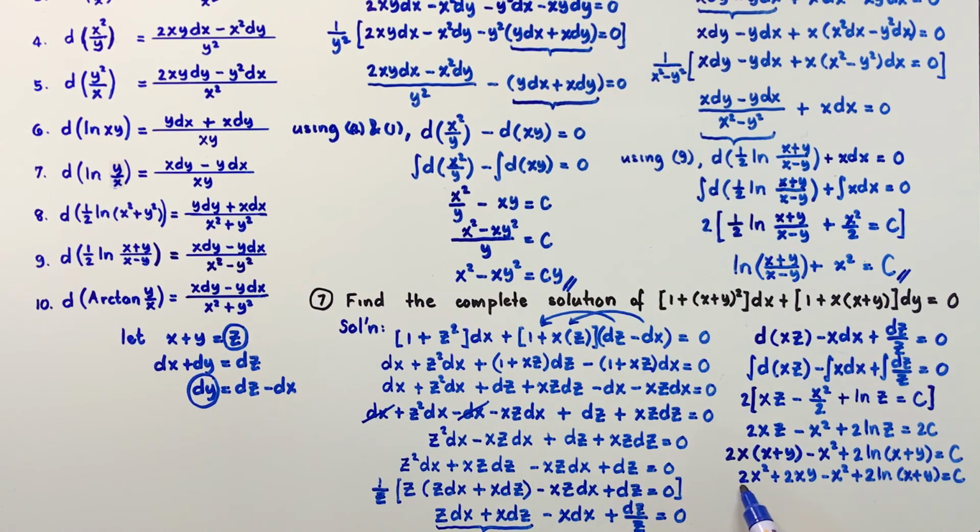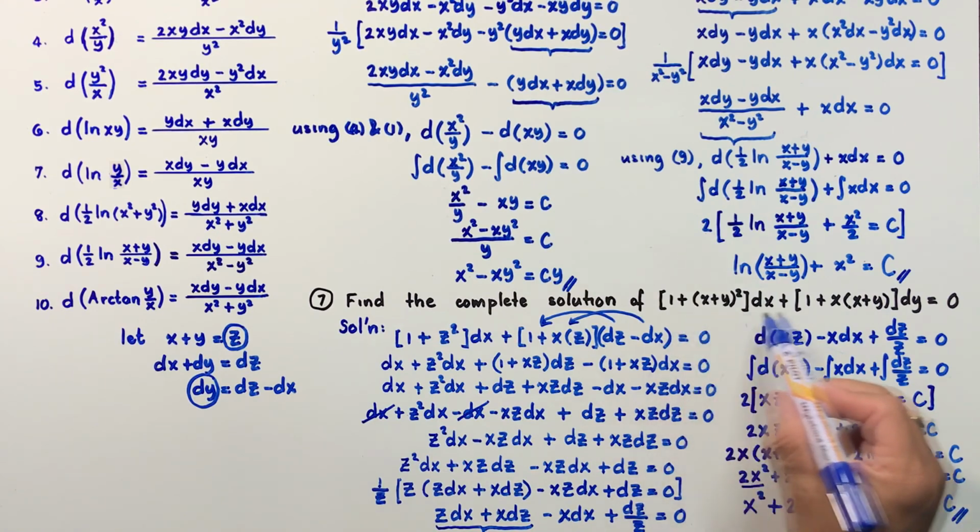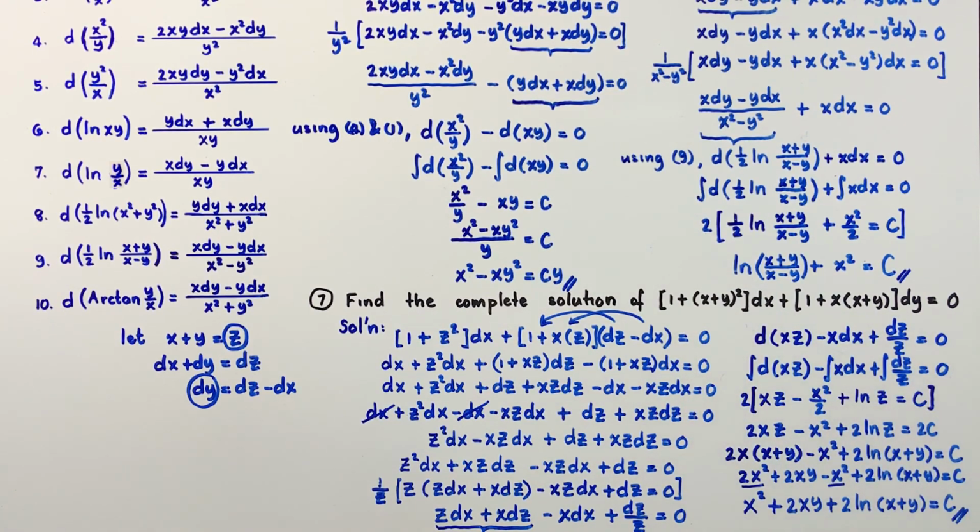And combining this first term and the third term here, we have x squared plus 2xy plus 2 times the natural log of x plus y, which is equal to the constant of integration c. And this is our solution to this differential equation.